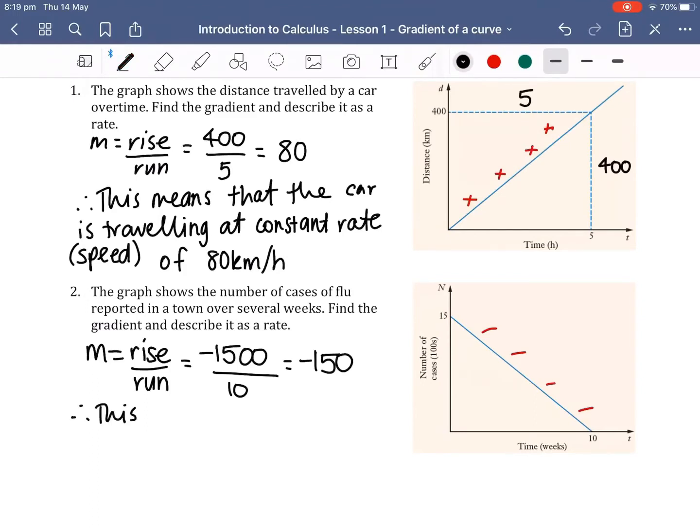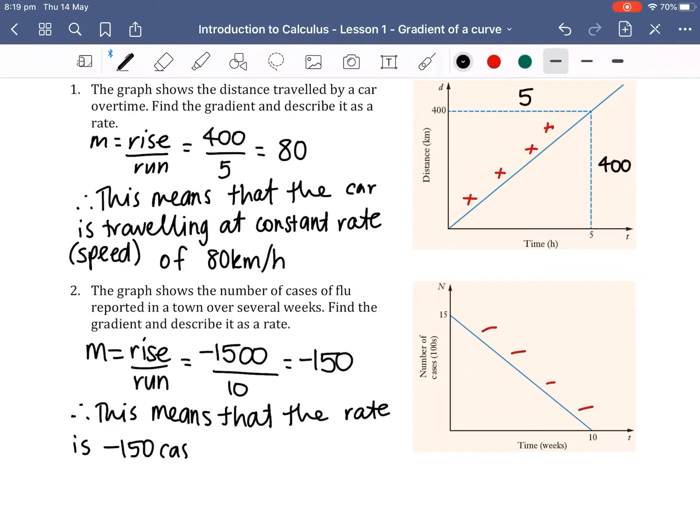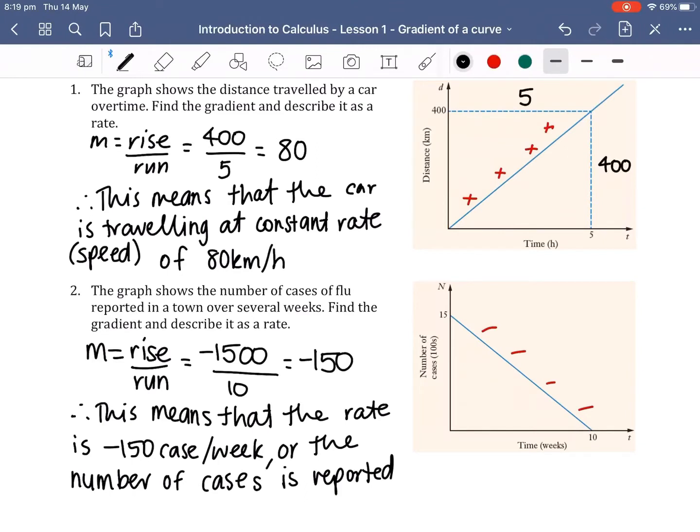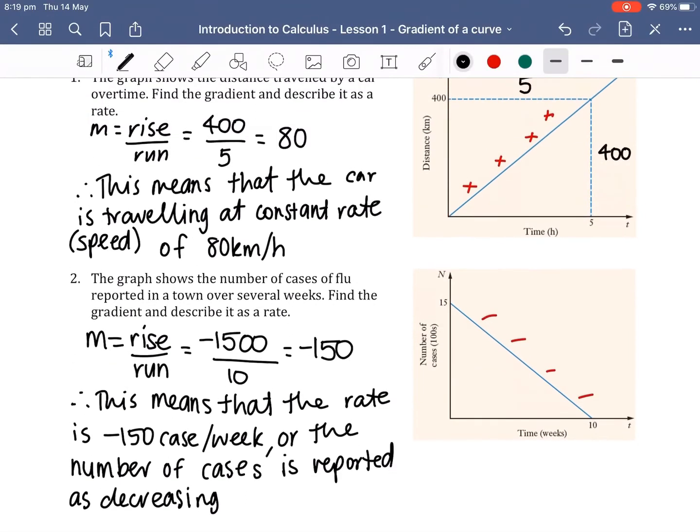Therefore, this means that the rate is negative 150, our vertical is cases, over our week, or the number of cases reported is decreasing by 150 cases per week.